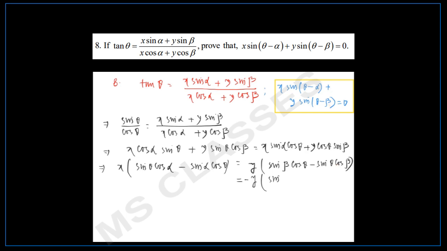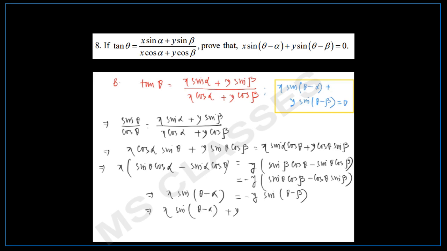So sine theta cos beta minus cos theta sine beta. So this will be what? Minus 1 sine of theta minus beta. And this is what? X sine of theta minus alpha. Now take everything on one side. Sine of theta minus alpha plus y sine of theta minus beta equal to 0.